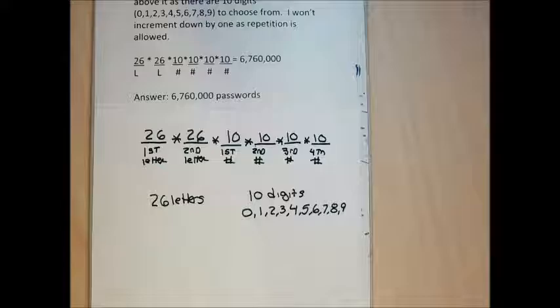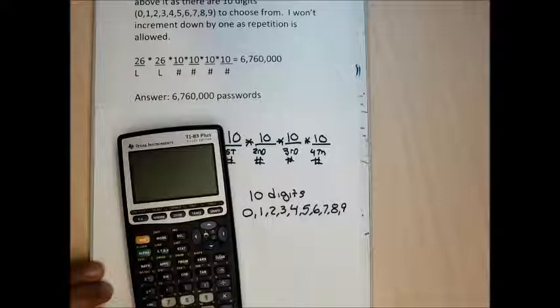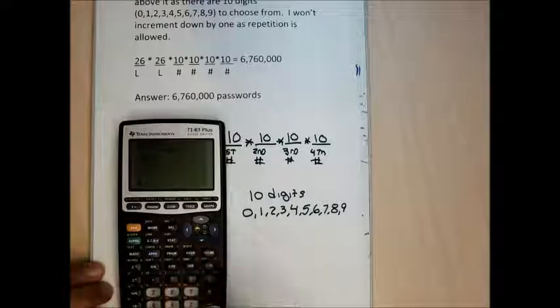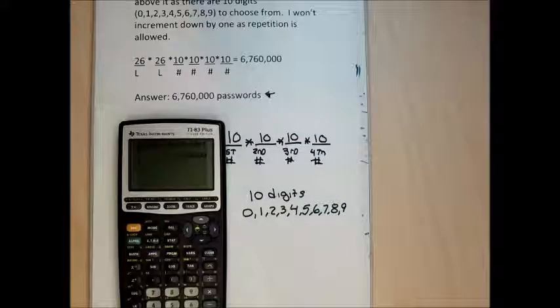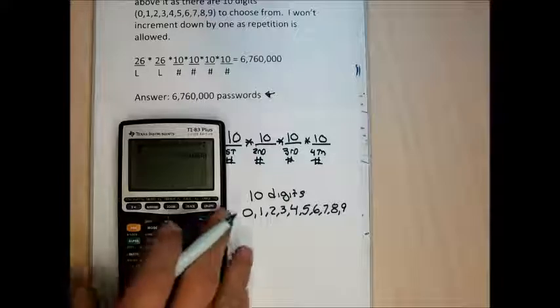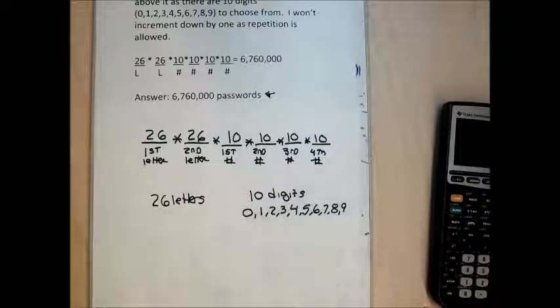Let me just do that real quickly by going 26 times 26 times 10 times 10 times 10 times 10, and that gives me 6,760,000 passwords are possible if the form is 2 lowercase letters followed by 4 digits, and I'm allowed to repeat letters and repeat digits.